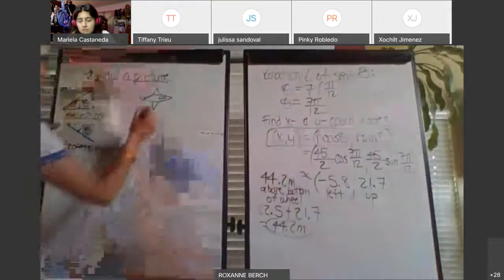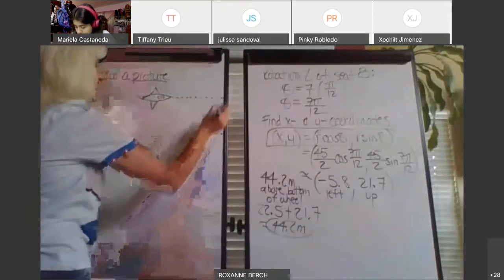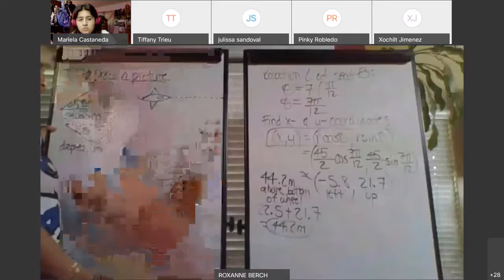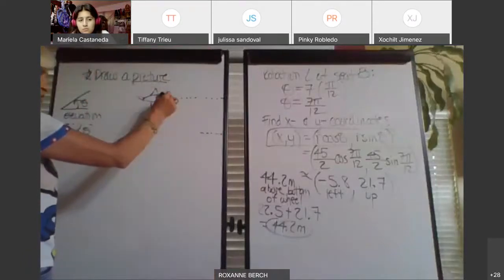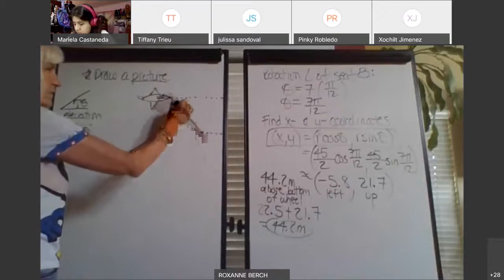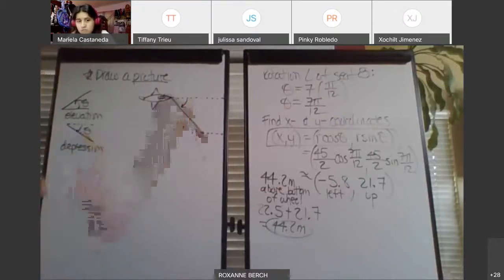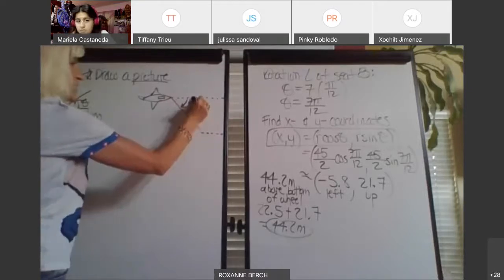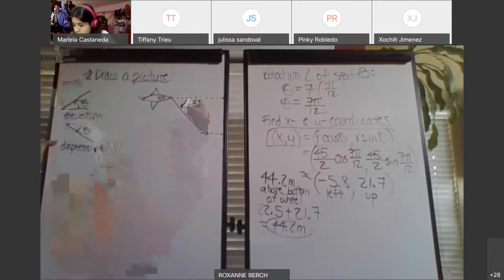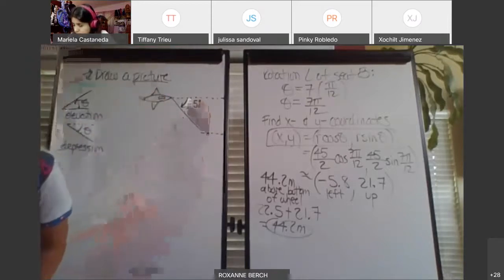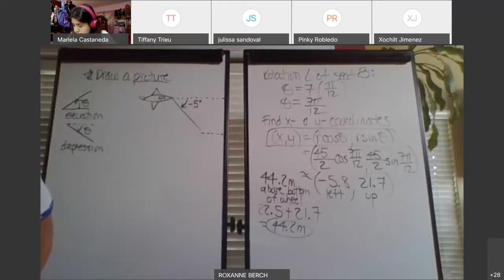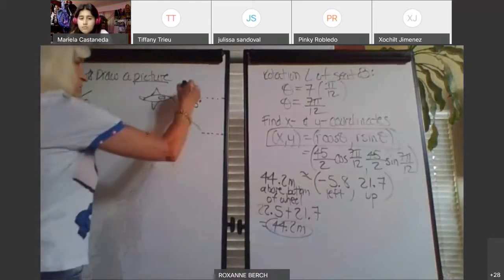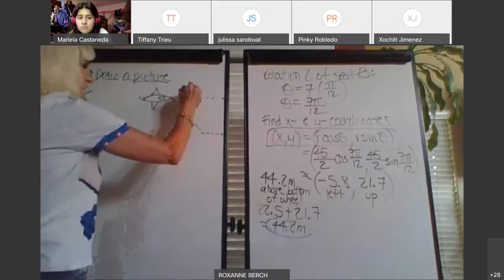So that's what you're seeing me do here, draw this imaginary horizontal line, and I'm doing an angle of depression. And they said that it was -5 degrees. I still need to draw a triangle. Okay, so that's my angle of depression from a horizontal. And it says, what is the change in elevation after it flies 5,000 feet? So this thing is going to fly 5,000 feet.